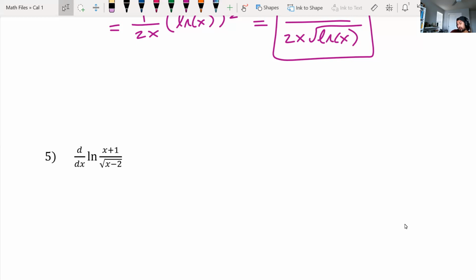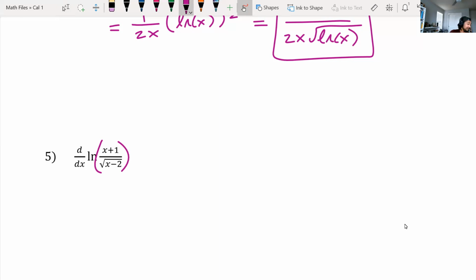Well, you could rationalize, but that'd be more work. So all we want to do is take the derivative. This would use a chain rule derivative of the inside. And when you take the derivative of the inside, what rule would you be using? The quotient rule. Exactly. It'd be the quotient rule, which means this is going to be a nightmare, right?